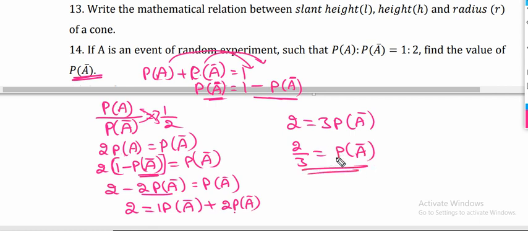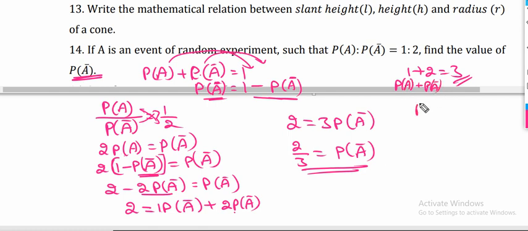So this is the value of P of A naught. If they give it as an objective type or MCQ question, this is not necessary for finding this. So you do one thing here: you add the ratios, that is 1 plus 2 is equal to 3, the total is 3. This is the value of P of A, and this is the value of P of A naught.